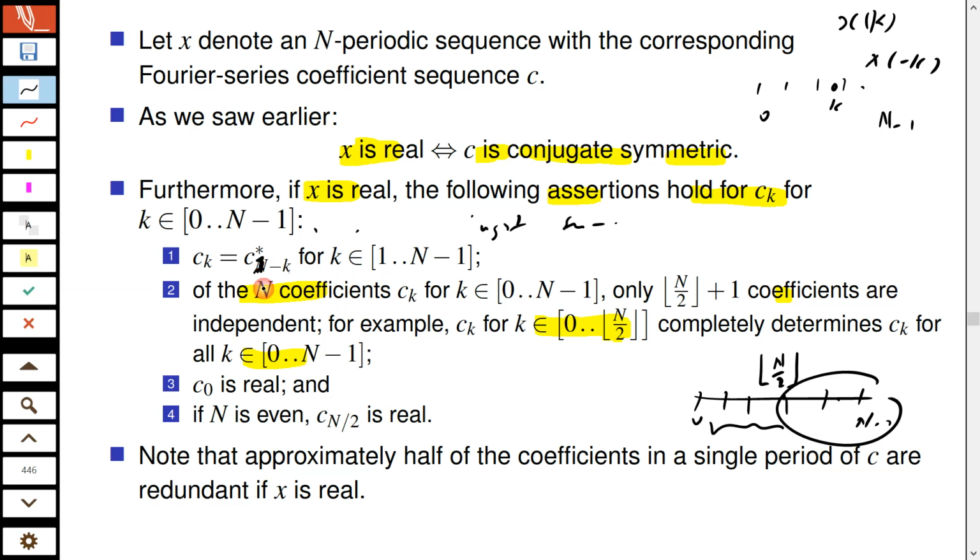If you can recall from previous lectures, we would have something like this: ck, c minus k, and star. This was our definition of conjugate symmetric. Do you recall that? Ck equals c minus k star. Yes, sir. And now we can't have that, because this minus k is outside the domain.